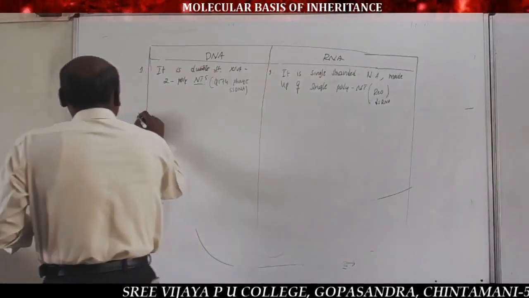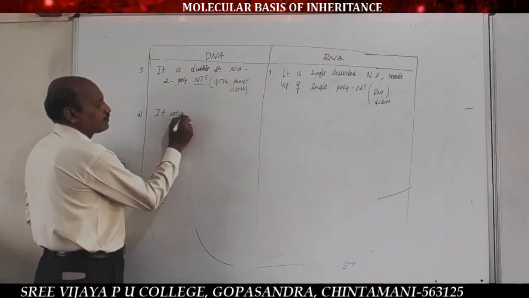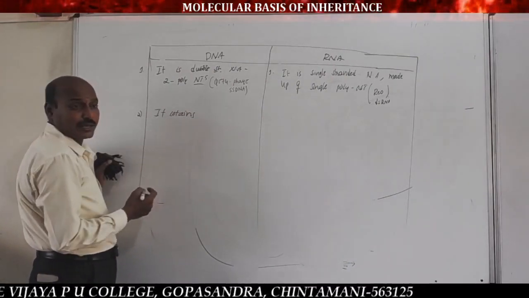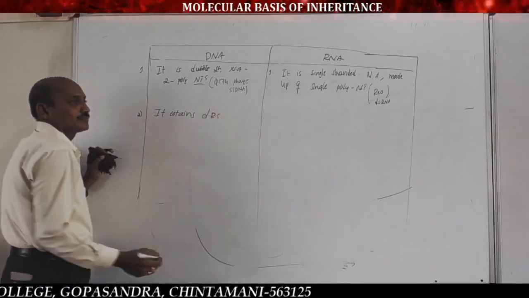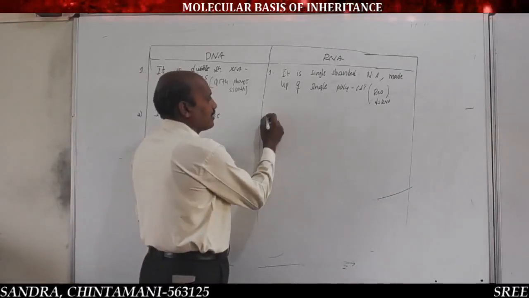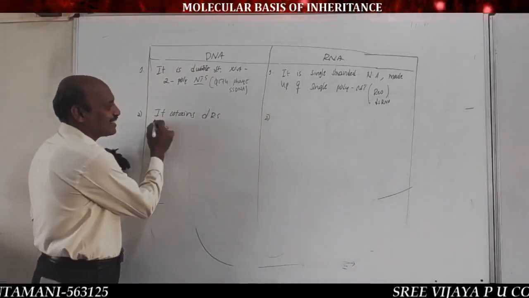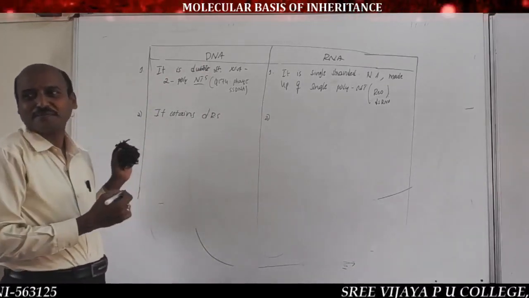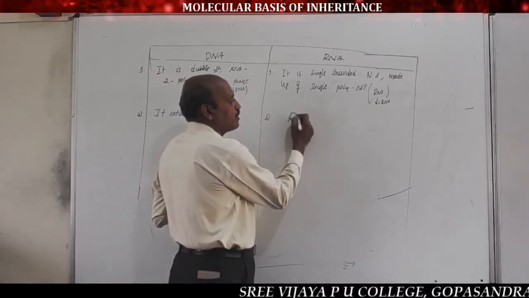And the next difference: DNA contains deoxyribose sugar. RNA contains ribose sugar.